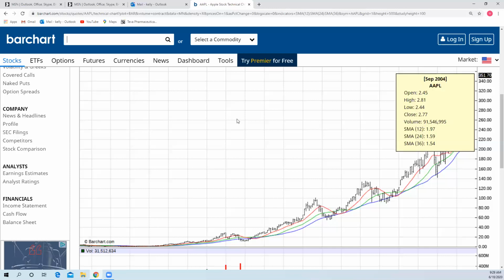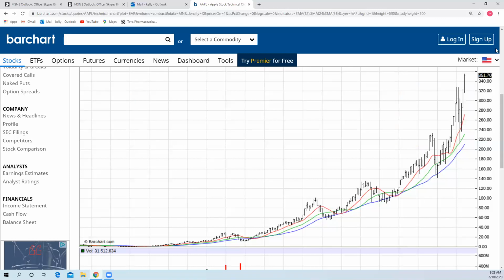Now, there is a way of adjusting your position if you find out the market is taking out 355, let's say. I'll give you a for instance.